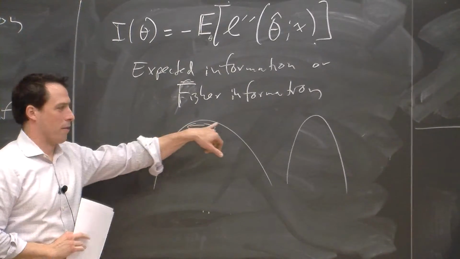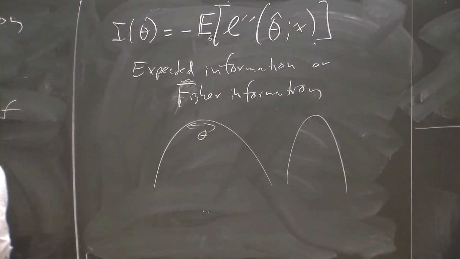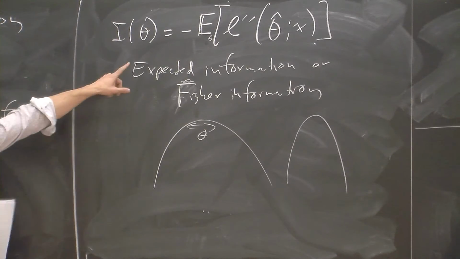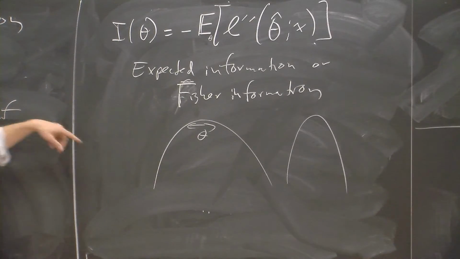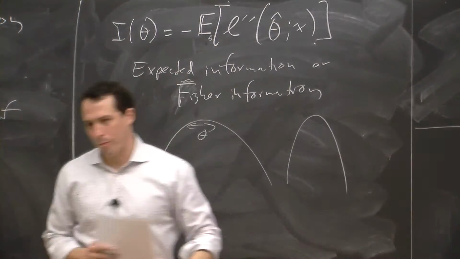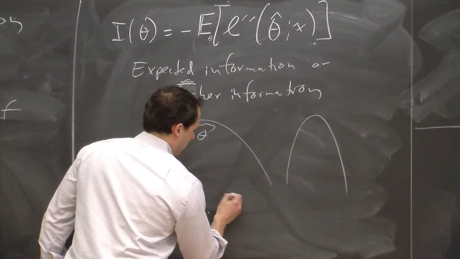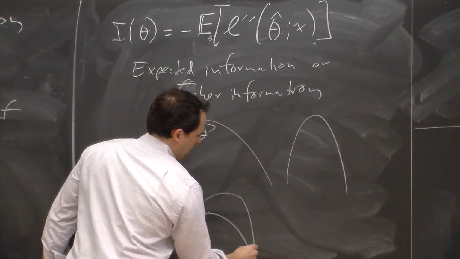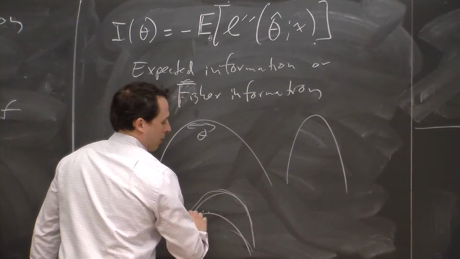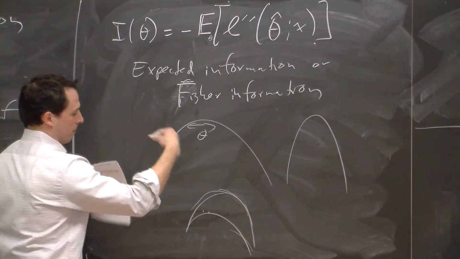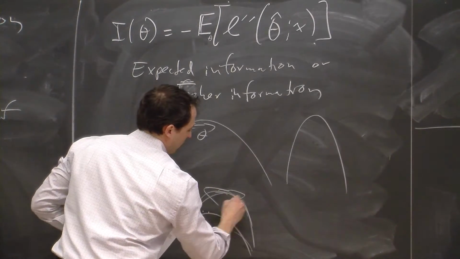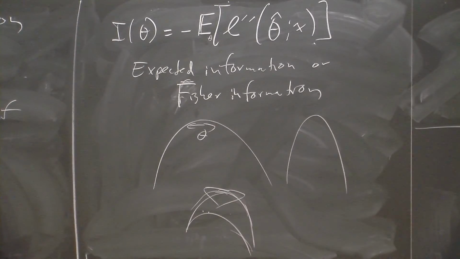It's harder for us to tell where the maximum is. That's why this quantity is related to the variance. In the multivariate case, this is going to become like the second derivative of a cone surface. It's not a very good picture, but you get the idea. And that's the Fisher information matrix.